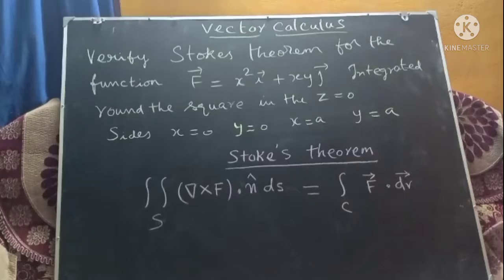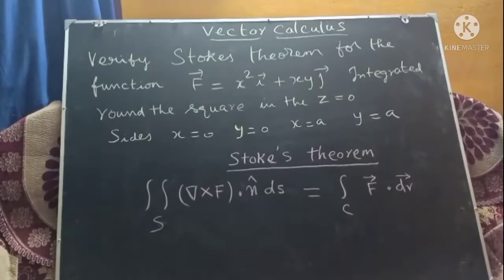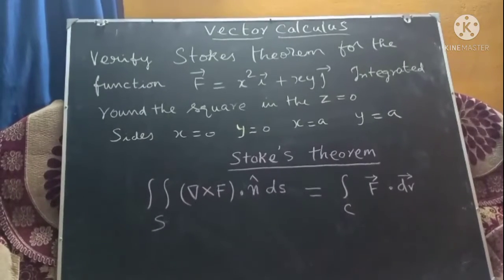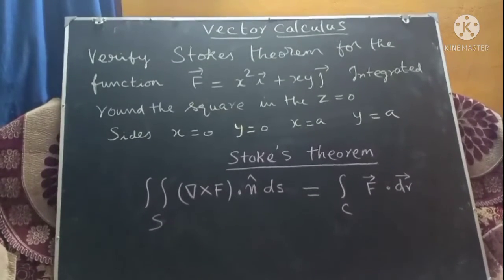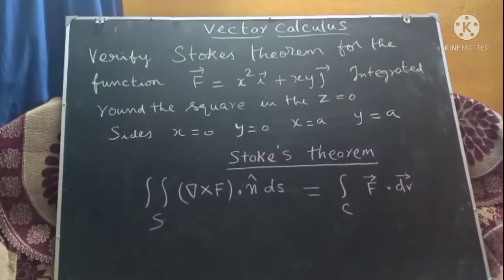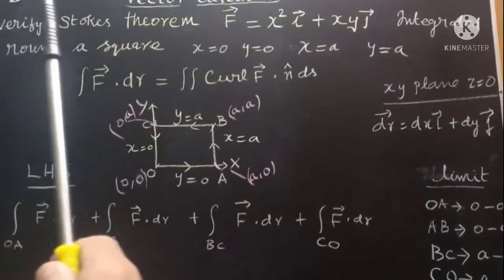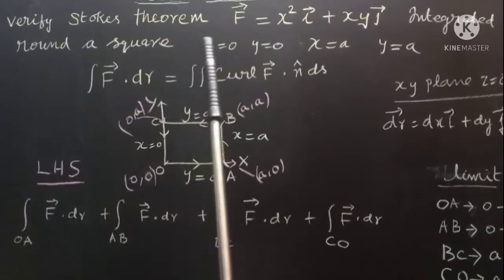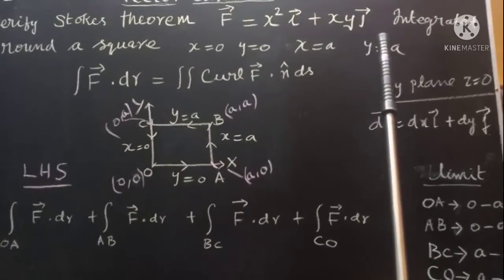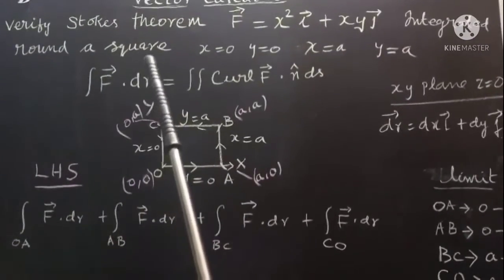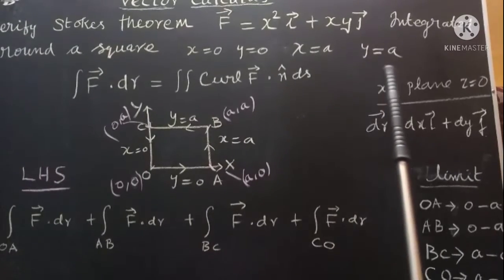Problem: verify Stokes theorem for the function f vector equal to x square i vector plus xy j vector integrated around the square in the plane z equal to 0, with sides x equal to 0, y equal to 0, x equal to a, y equal to a.